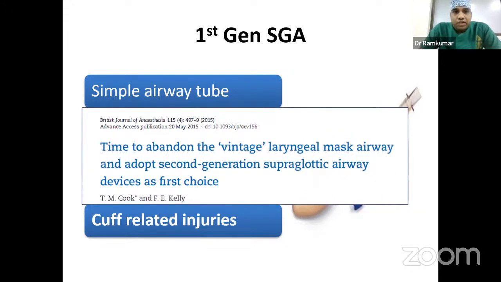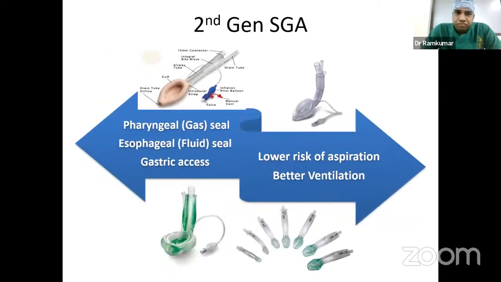That's why I think it's time to abandon this vintage laryngeal mask and start using second generation devices. What is the advantage of using second generation devices? The main purpose is better ventilation, because all these devices have a better oropharyngeal leak pressure, around 30 centimeters of water.